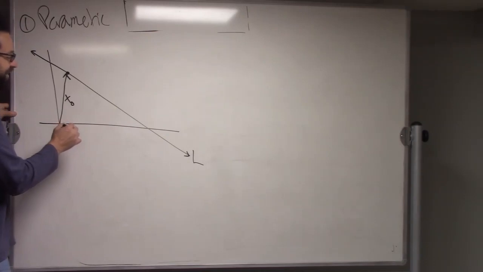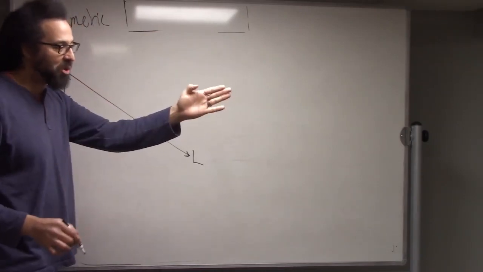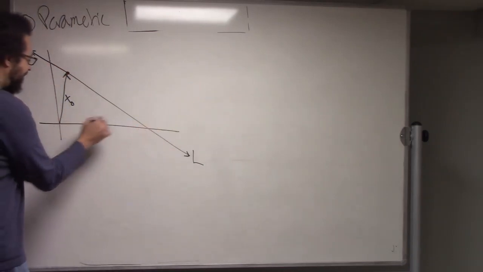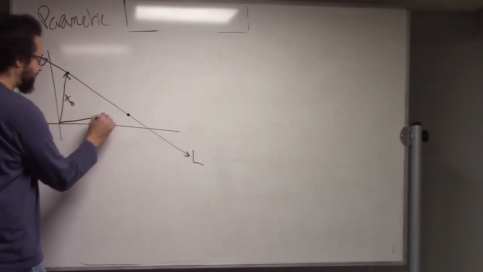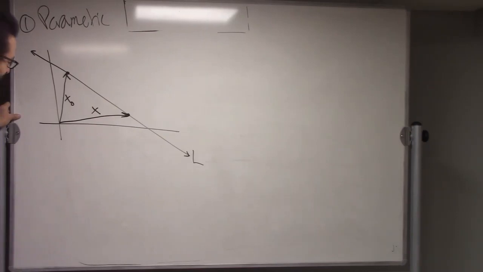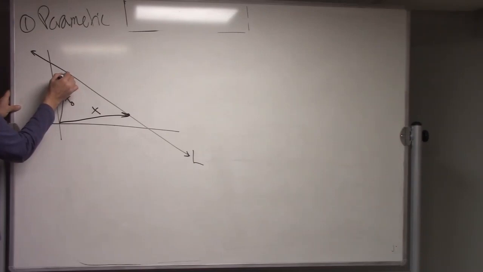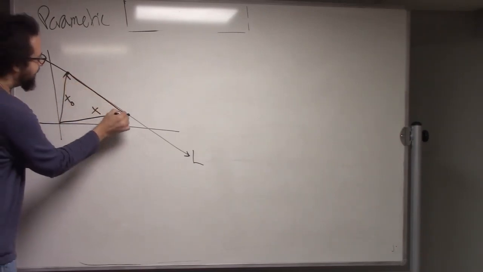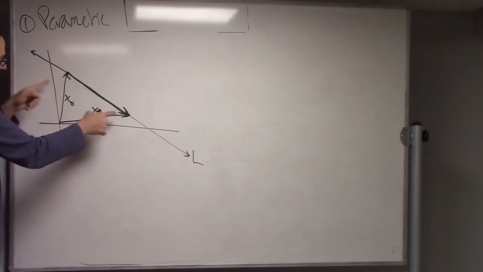and then let's let x be any point on the line, and let's use a vector to point to that location. So here we've got some point x on the line, and let's go ahead and draw a vector to that location. So let's say here's a vector x. And now if you've got x0 and x, then you can connect the dots with a line segment, and we know that a line segment is just as good as a vector, so there's some direction involved here.